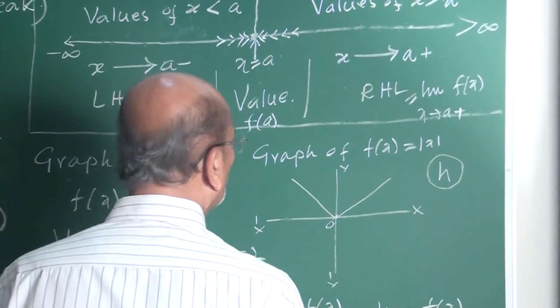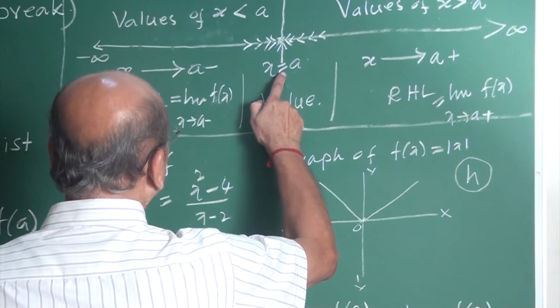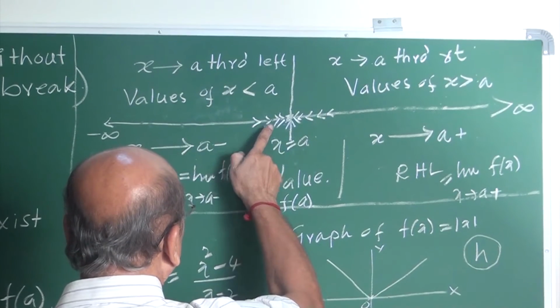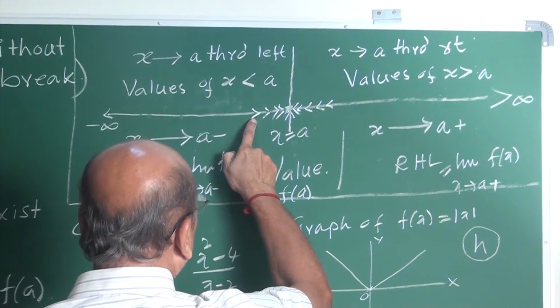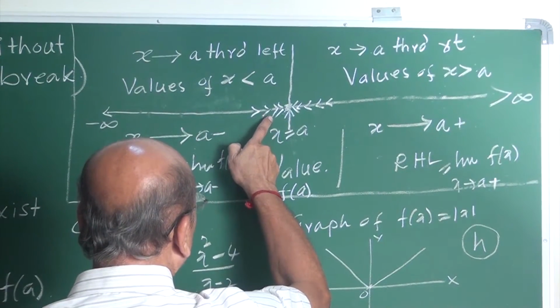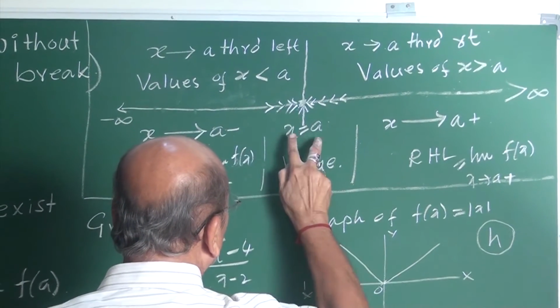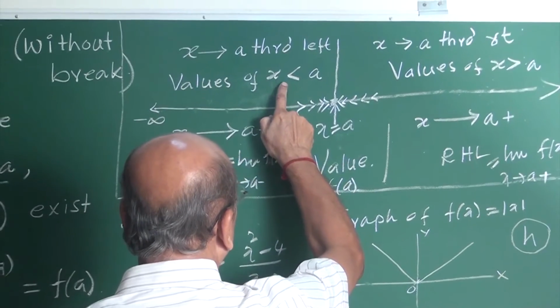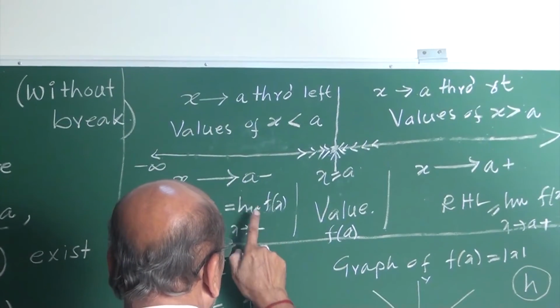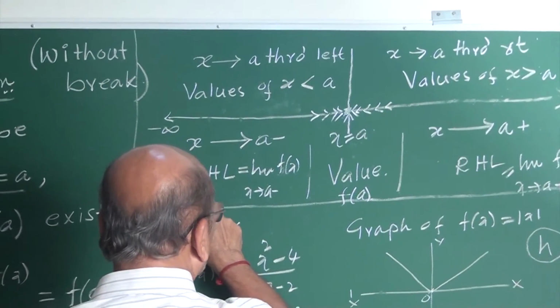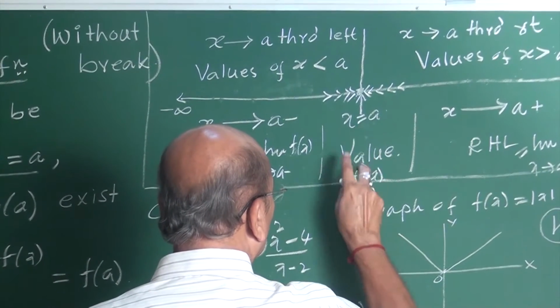Nearer to a from the left means a minus h, a minus 2h, a minus 3h, like that. All these values approach the value a. If the limit exists, it is equal. What is its name?